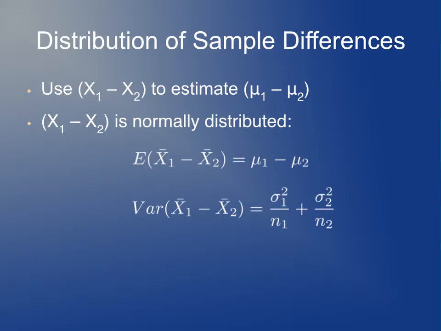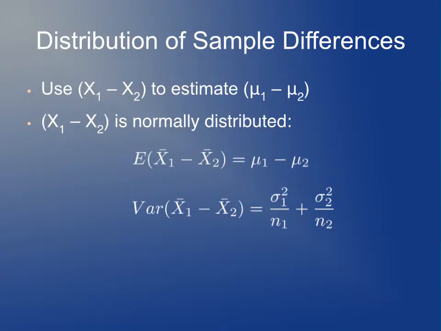So to find the distribution of the sample differences, we do something similar to what we did in the one sample case, that we use x1 bar minus x2 bar to estimate mu1 minus mu2, and under the null hypothesis, x1 bar minus x2 bar will be normally distributed. Expected value of x1 bar minus x2 bar will be mu1 minus mu2.